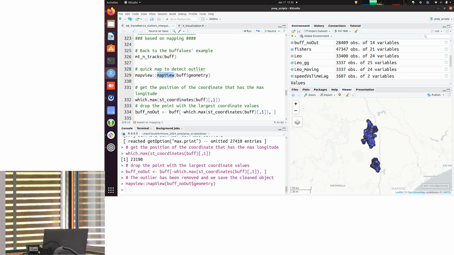No. To zoom out, zoom in. It's interesting because here she has the buffalo geometry.